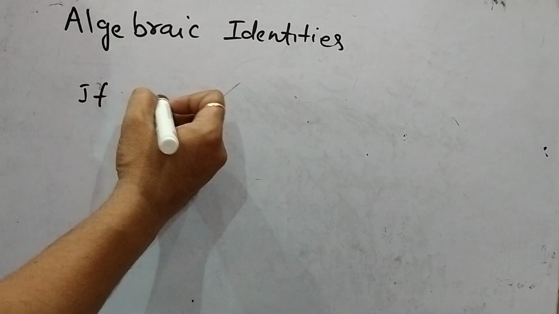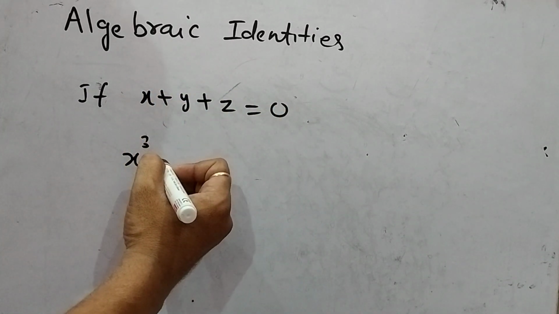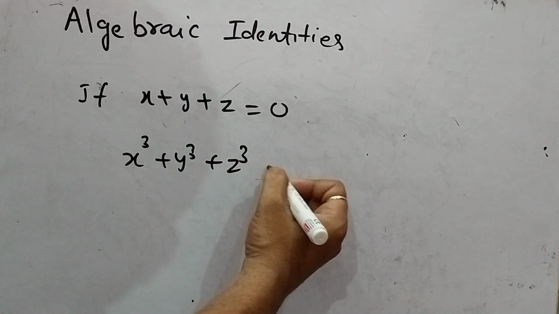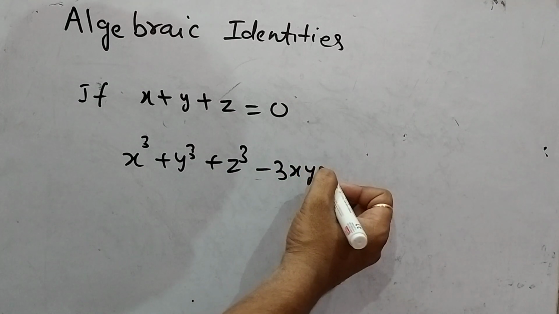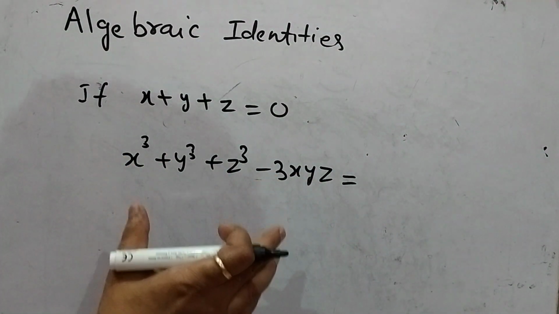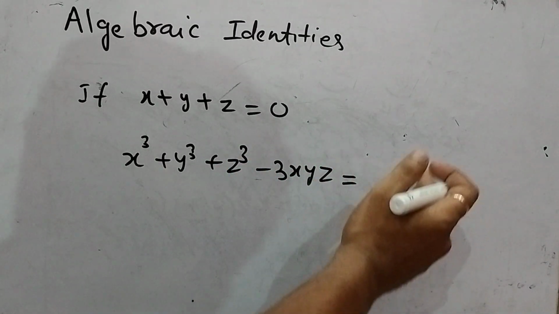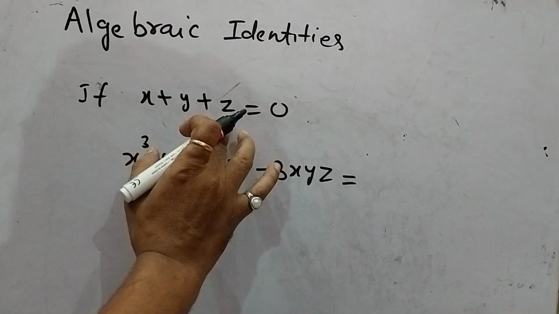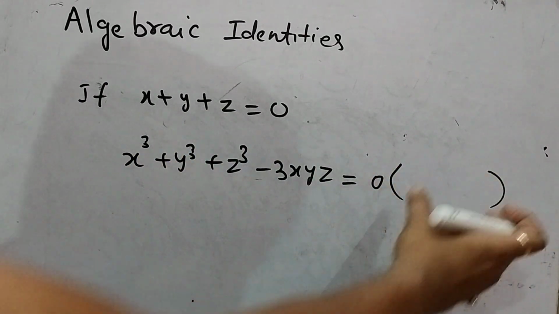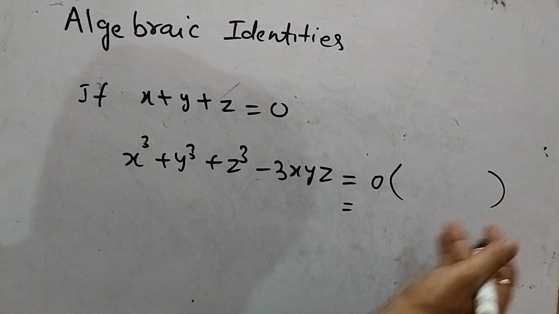So here, if x + y + z = 0, then x³ + y³ + z³ − 3xyz equals, when we factorize this expression as I have explained earlier, (x + y + z) in the first bracket. Since x + y + z is 0, we can write 0 times the other factor. 0 multiplied by any number will be 0.